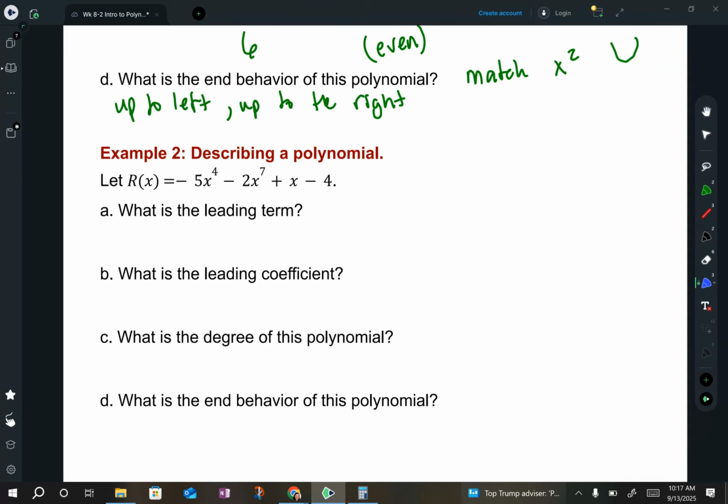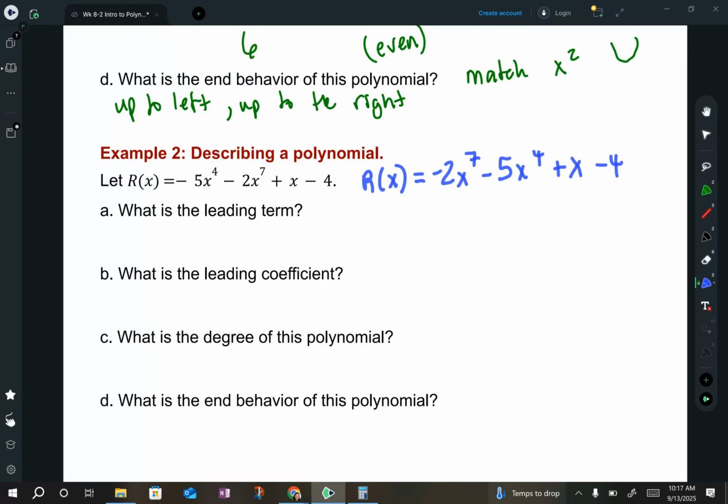Sometimes polynomials are not written in order of decreasing degree. By decreasing degree, the highest degree is 7, then 4, then 1, and then the constant term. So we need to rewrite this in order of decreasing degree to make this a little easier: negative 2x to the 7th minus 5x to the 4th plus x minus 4.